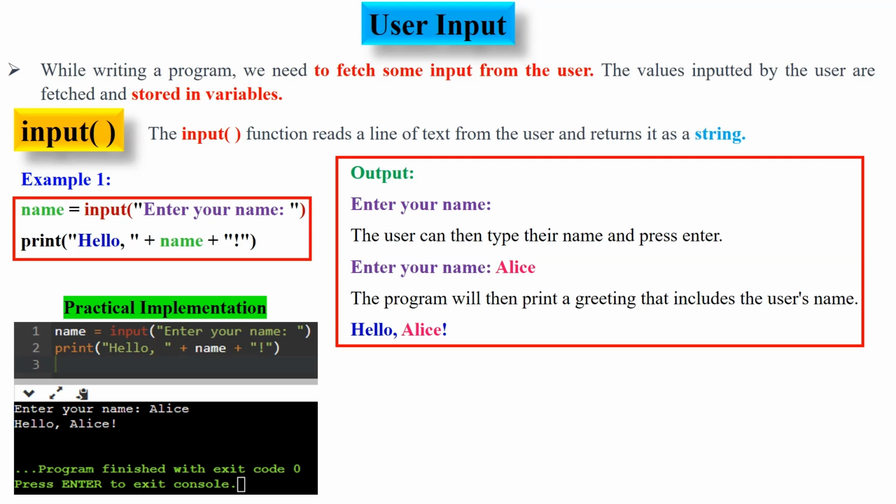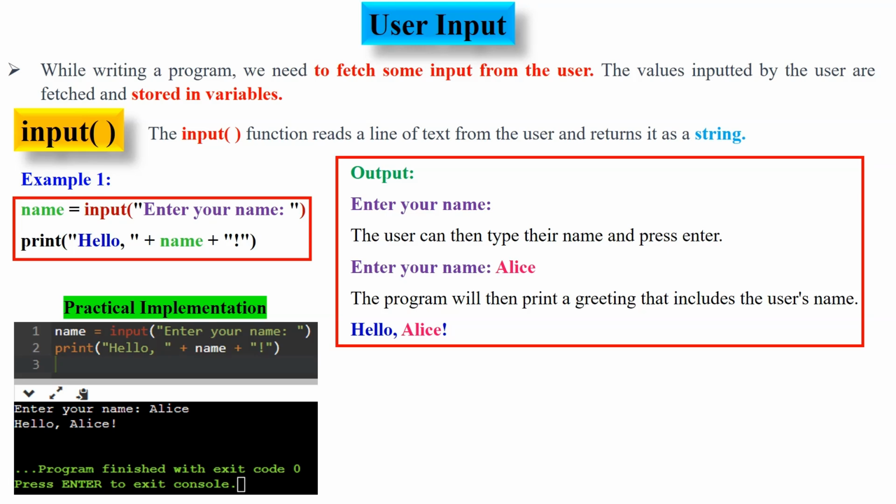Here's an example of how to use the input function to get user input. Example 1. name = input("Enter your name"), print("Hello, " + name + "!"). In this example, the input function is used to get the user's name from the command line. The user's input is assigned to the name variable, which is then used to print a personalized greeting.